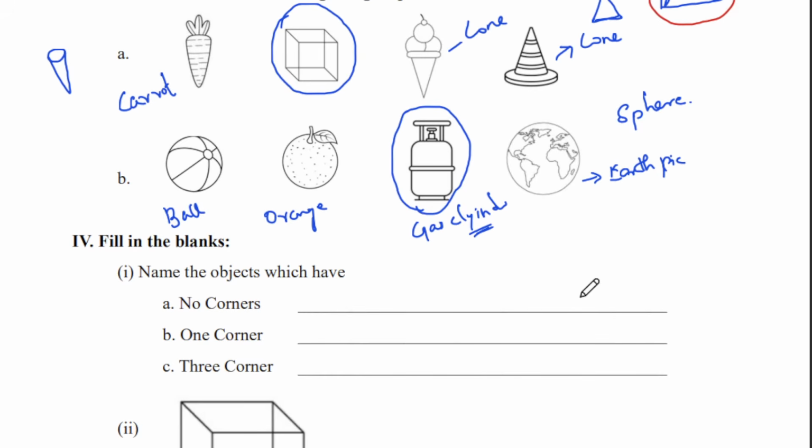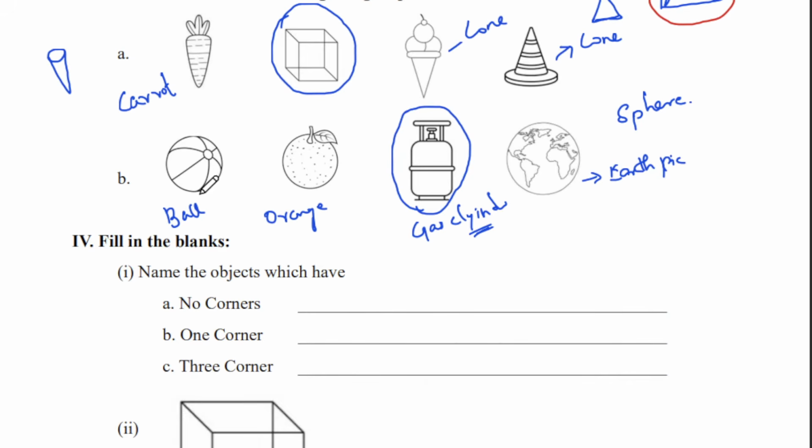So next, fill in the blanks. Name of the object which has no corners, one corner, three corners. So you have to write with no corner first. Which image has no corners? The 3D image of a circle, which is a sphere shape.